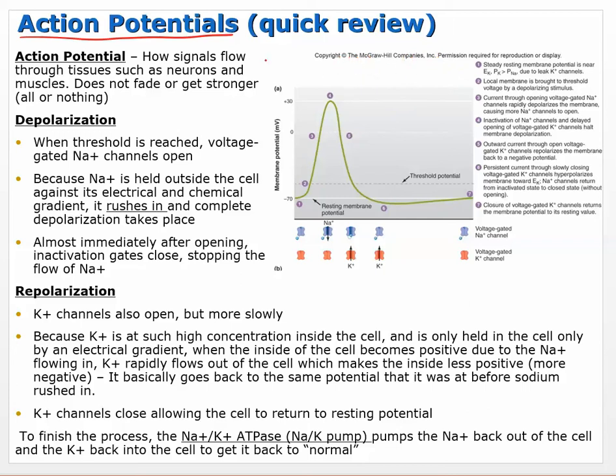Okay, so if we look at what happens in one of these depolarization, repolarization cycles, it's actually fairly simple if we just accept a few things. First of all, the membrane potential is always sitting at -70, usually because potassium can move in or out if it wants to, and the sodium-potassium pump is keeping the sodium and potassium levels where they're supposed to be, but it keeps it at about -70.